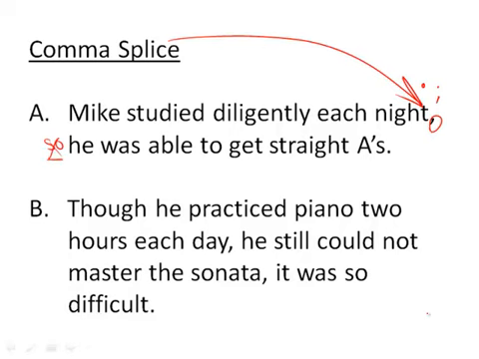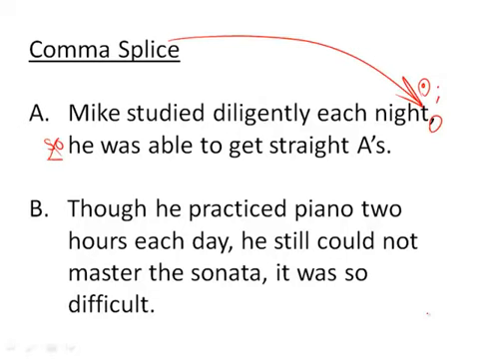So compare: Mike studied diligently each night. He was able to get straight A's. I read that as though there was a full stop or a period. But the sentences flow a lot better if you use compound sentences. So with "so," it would be: Mike studied diligently each night, so he was able to get straight A's.